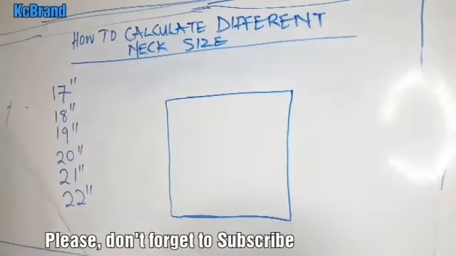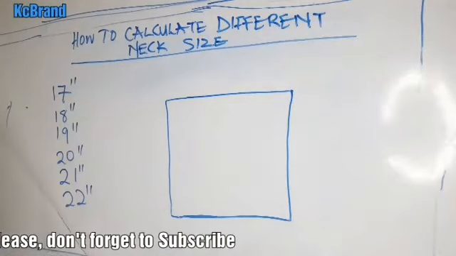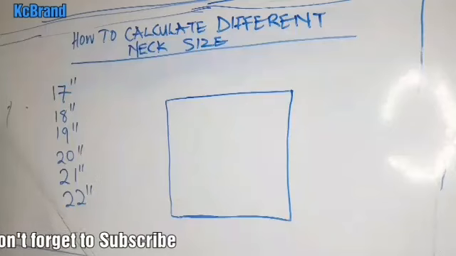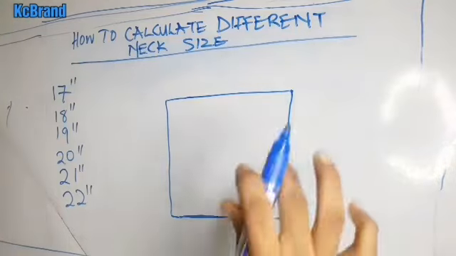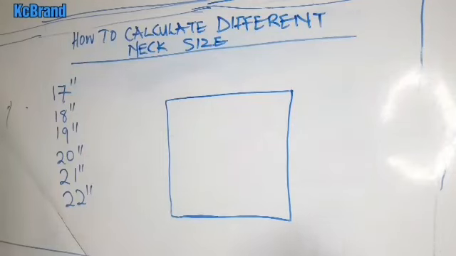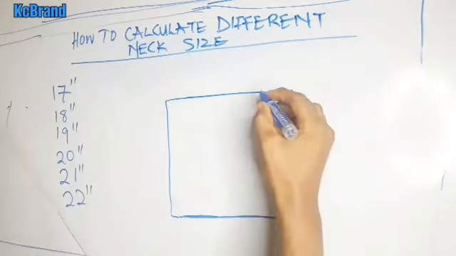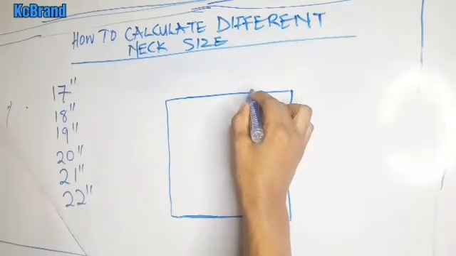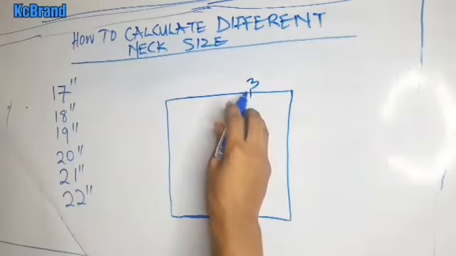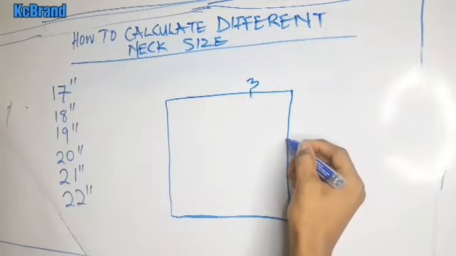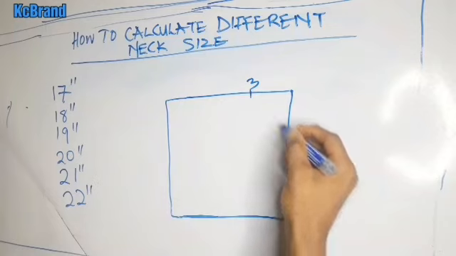Now for someone that has a neck of 18 inches, there is always a standard. Though most people just make use of the standard without knowing how they come about it. But now I will explain that to you. For a neck of 18 inches, the standard which you are going to work with is at this top side, you have 3 inches. Then whatever you have here, just add ½ inch to it. That is what will be by the side of it.